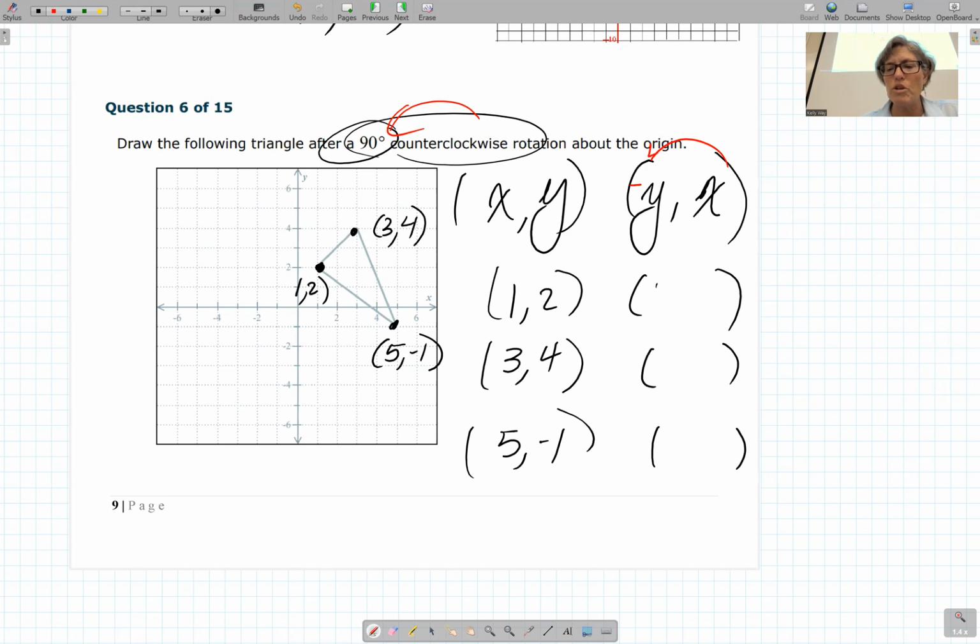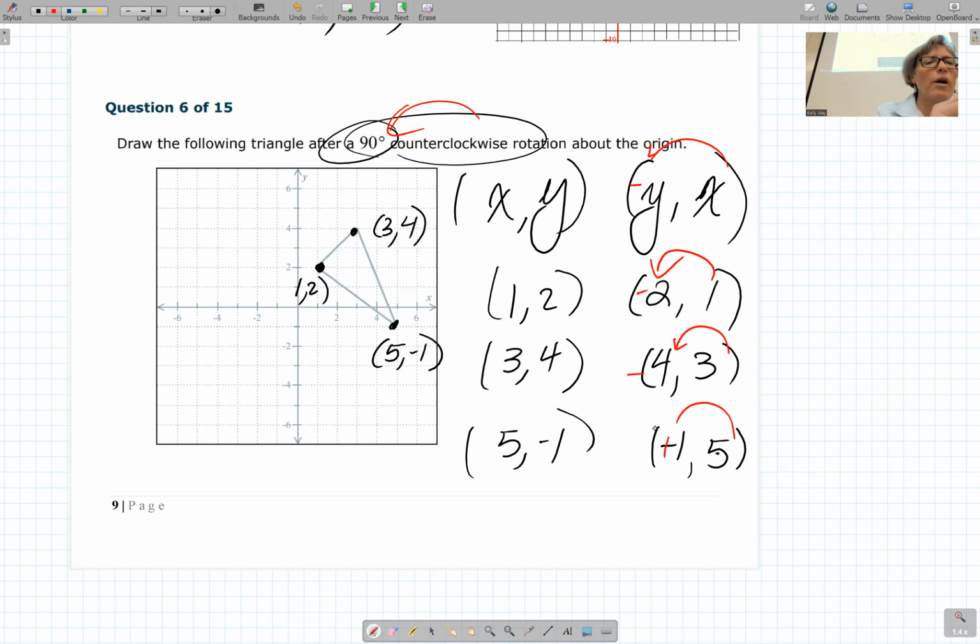You only do this in one step at a time. And you flip the sign on the left, flip the sign, flip the sign, flip that sign. Graph. So -2, 1, -4, 3, and 1, 5.